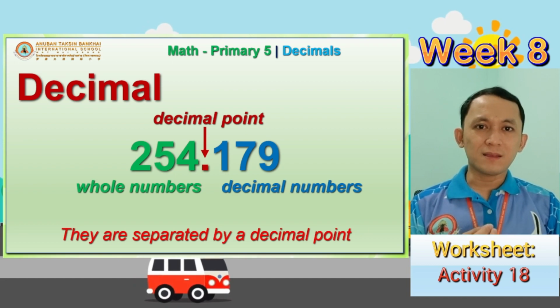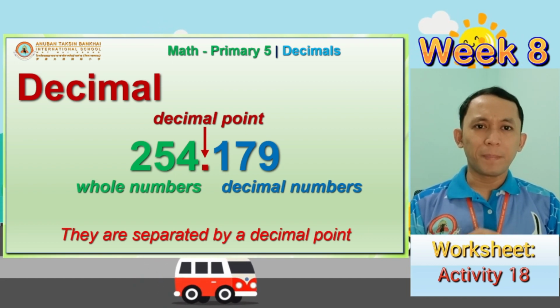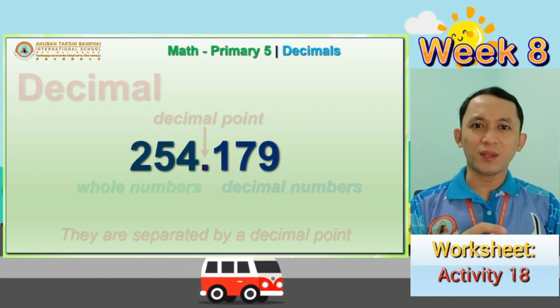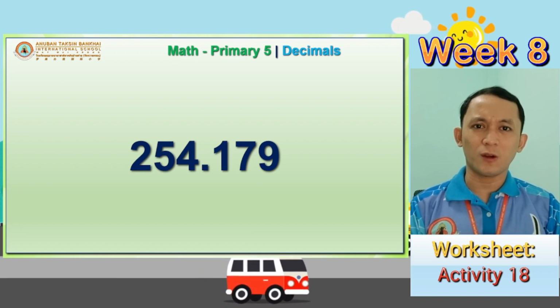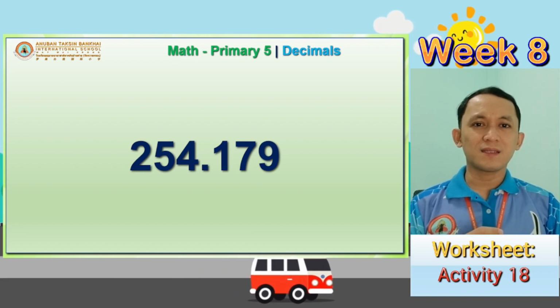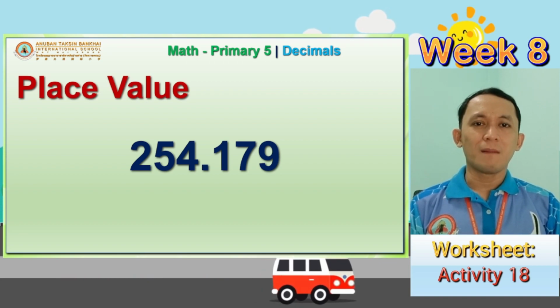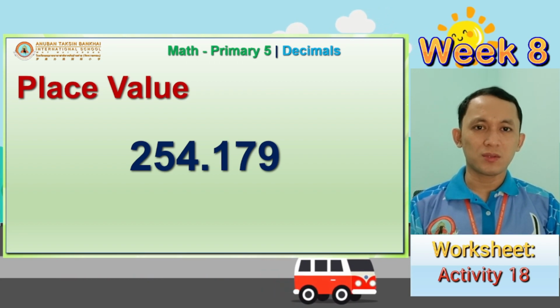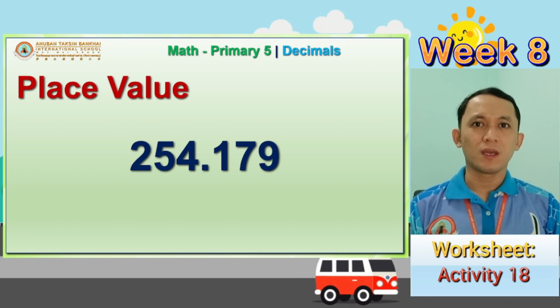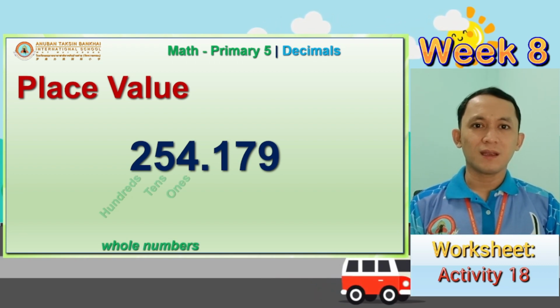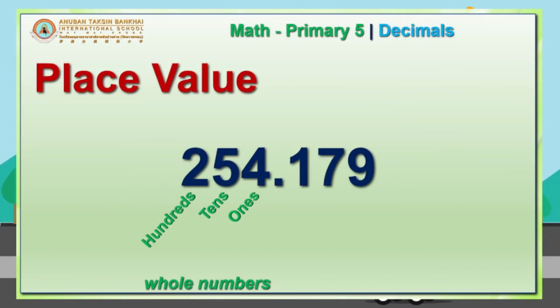Now, let's review place value, and I know that you already discussed this in your primary 4. So let's start with the whole numbers. 4 is in the ones place, 5 is in the tens place, 2 is in the hundreds place, and so on and so forth.